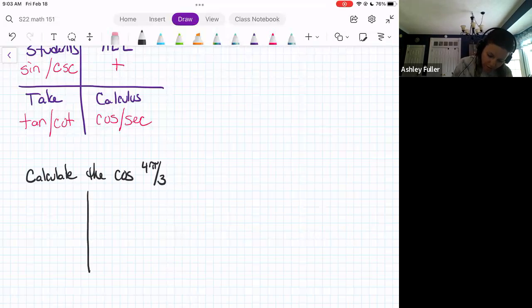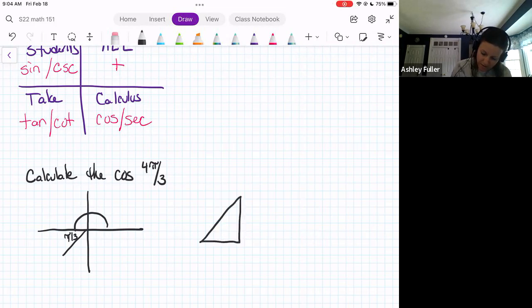If we go to our coordinate plane here, here's pi, and then we have pi over 3. We know from our relationships of triangles, if this is pi over 3, then this is going to be pi over 6.